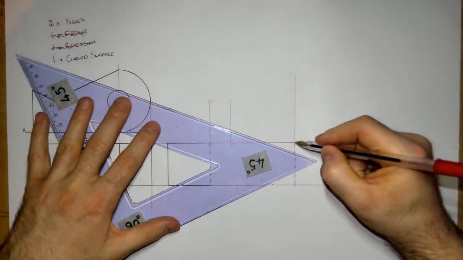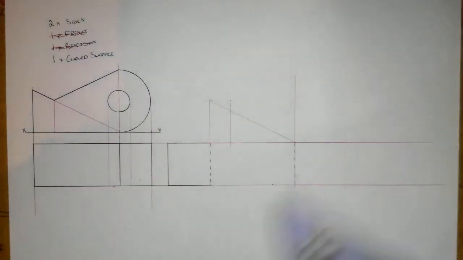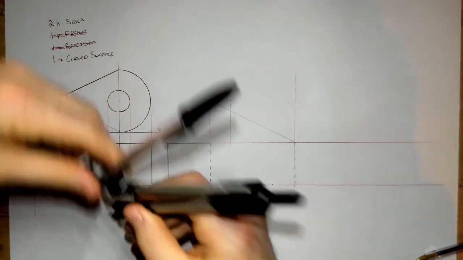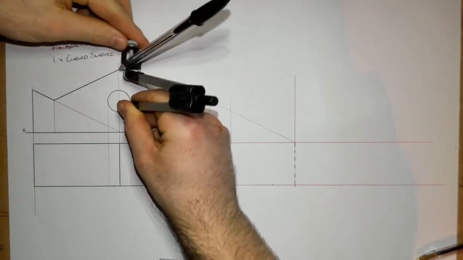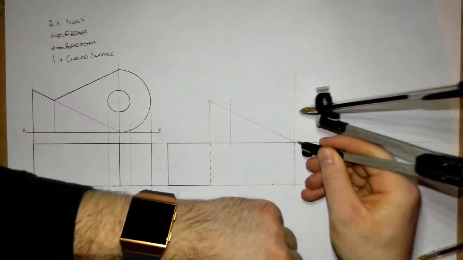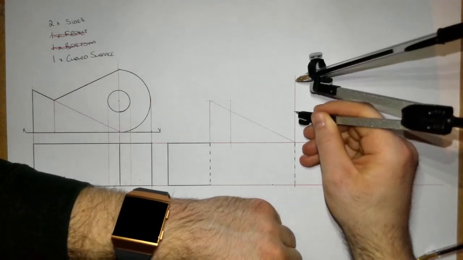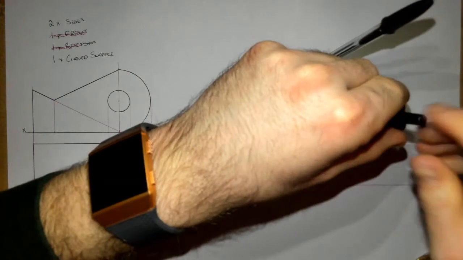And then connect this down to here, and then finally, I'll put this in heavy at the start, save me a bit of time. Just setting on my compass here. I'm going to take the radius from over here, which was 30 millimeters, and mark it up from here to find my center, and then draw in my semicircle.